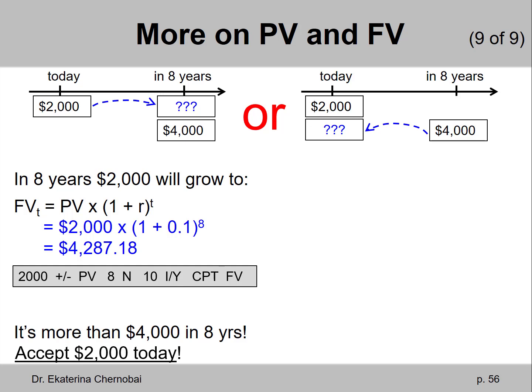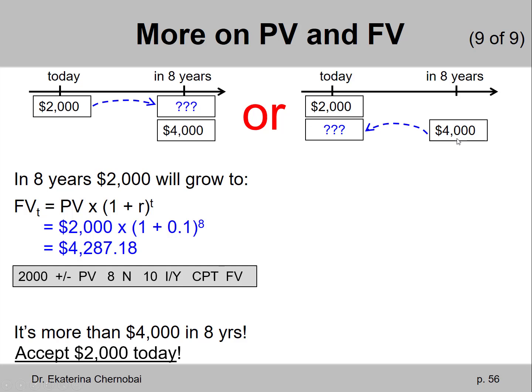That's the point. So you cannot compare 2,000 and 4,000. You cannot say, oh, 4,000 is more than 2,000, so it's better. No. That's like apples and oranges. It should be 2 apples or 2 oranges, right? So let's make it all oranges.